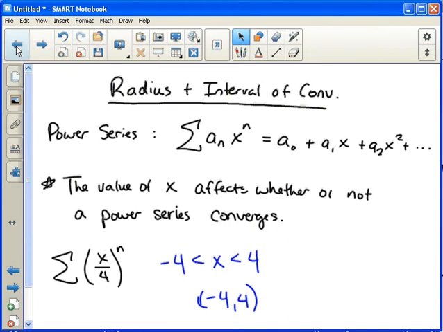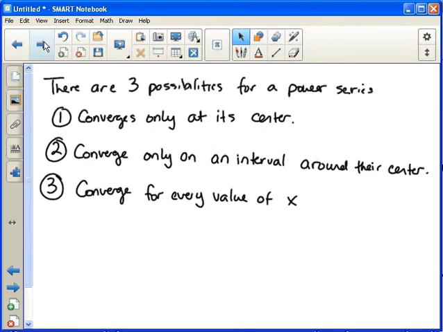That's how it should be. So in other words, basically starting at your center, 0, you can go up 4 or down 4 and still be converging for this particular series. Now the third possibility is that it converges for every value of x. There are some power series where any x you plug in, it's still going to converge. So that's the third possibility.